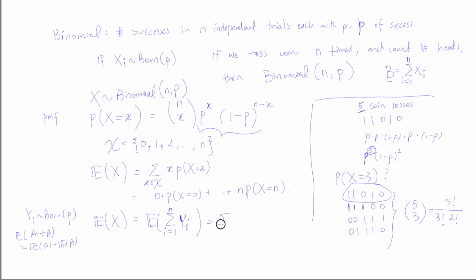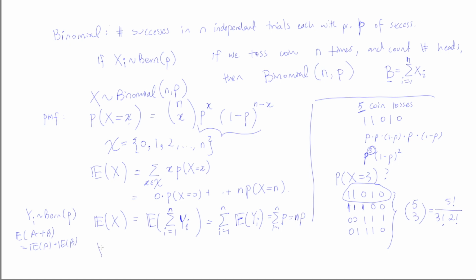So this is the same as saying the sum from i equals 1 to n of the expectation of Yi. And we know the expectation of Yi from the previous slide is just p. So now we're summing up p n times, so we just get np. Okay, so the expectation of a binomial distribution is just n times p.